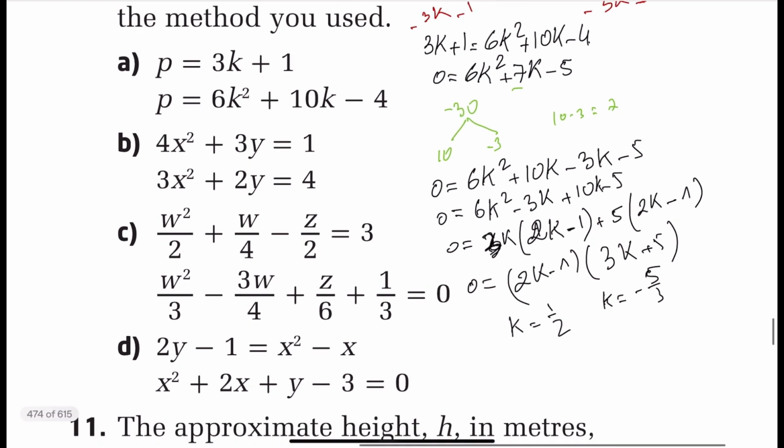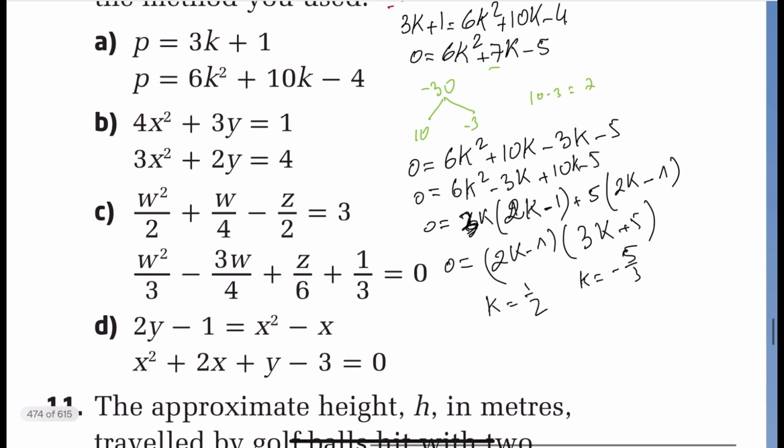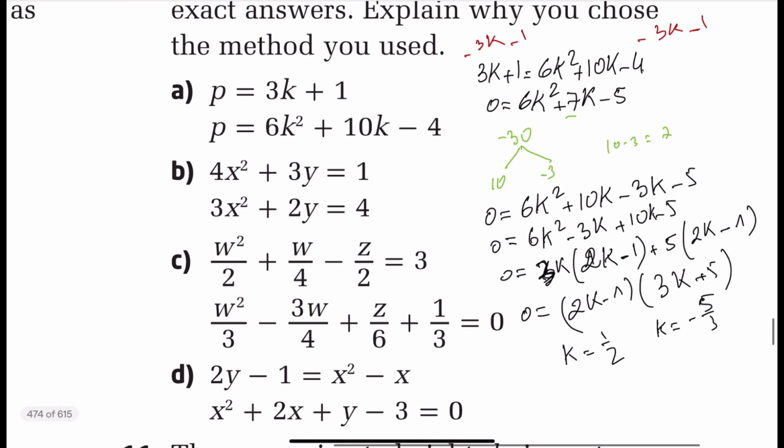I find my k's, so I will just substitute one of them in this equation. So p is equal to 3 times k, which is a half, plus 1, which gives us 3 times a half plus 1, which is 5 over 2.